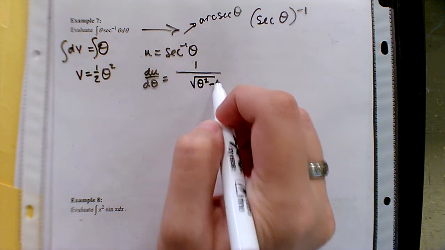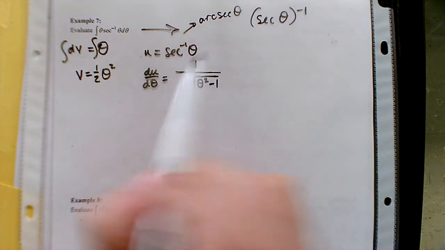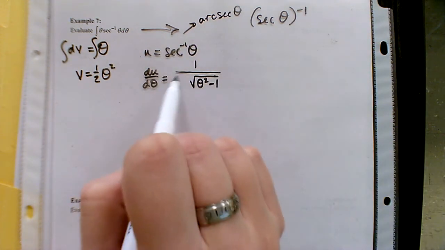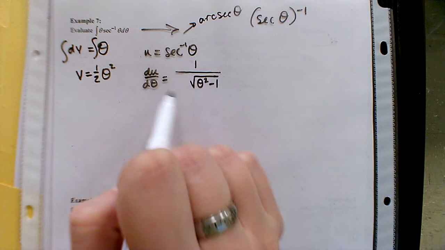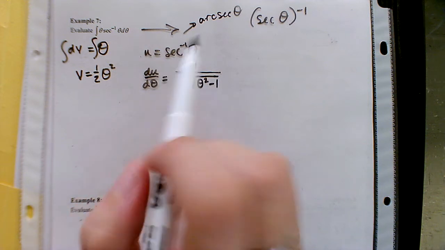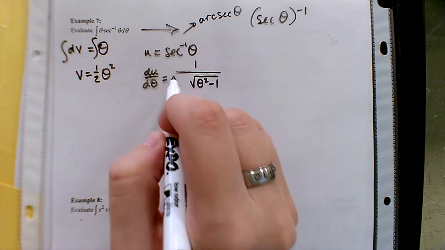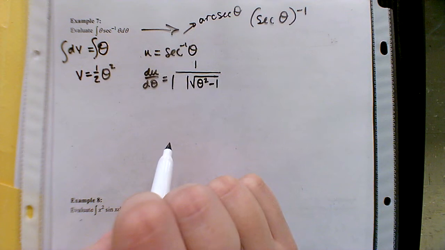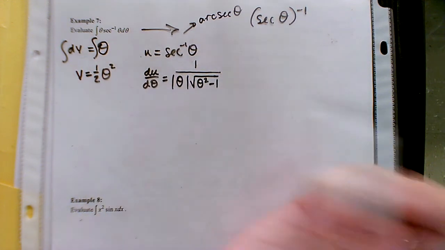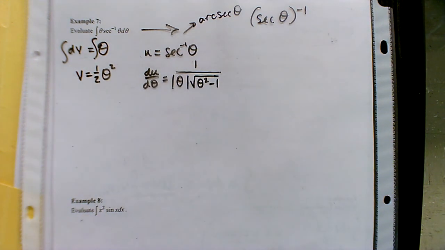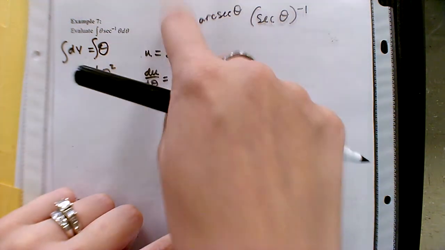Close. x squared, or in this case, theta squared minus 1. And there's something else right there. 1 plus? Mm-mm. Oh, that's the value of theta. Mm-hmm. Oh, we did too.